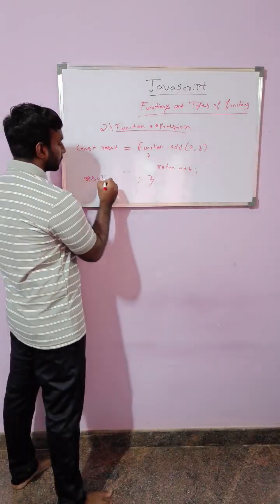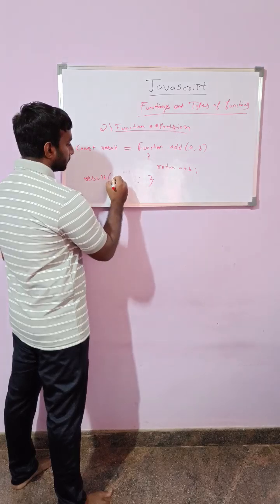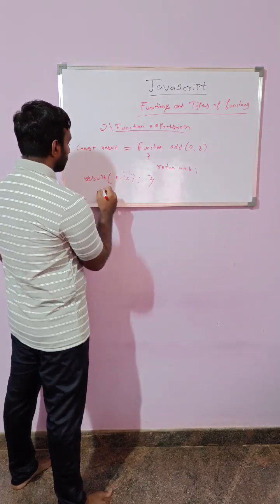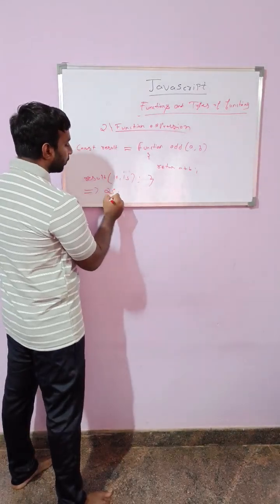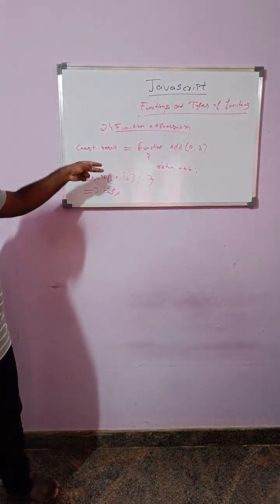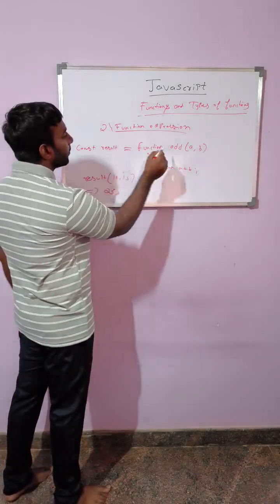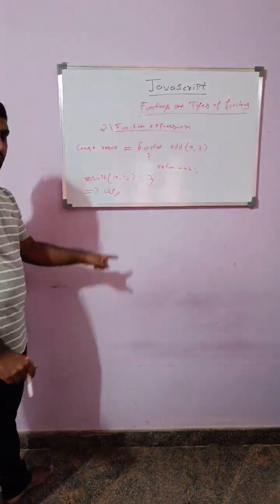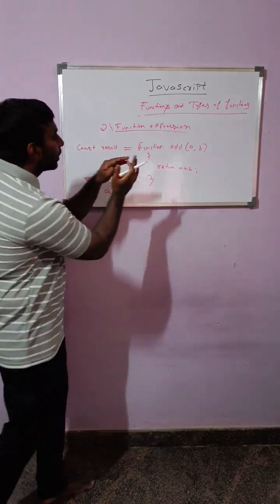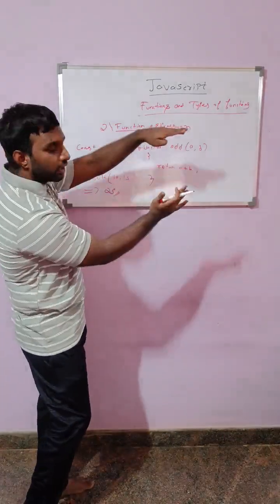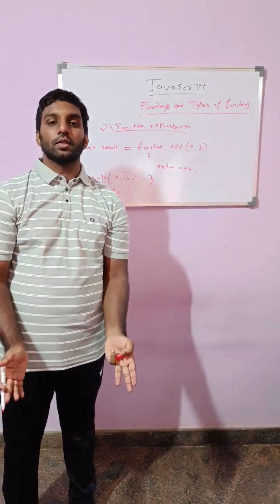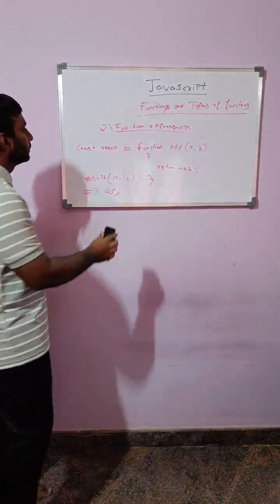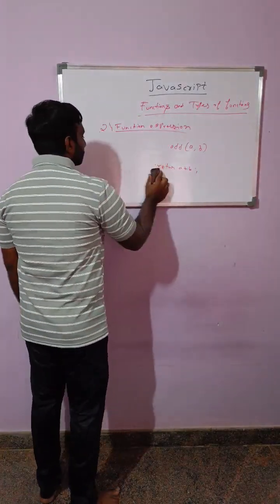I can call it like this also: result 10 comma 15. The result will contain the functional result and give an output of 25. So you are assigning this particular function to a variable, and this is what is known as a function expression. It's a simple thing.